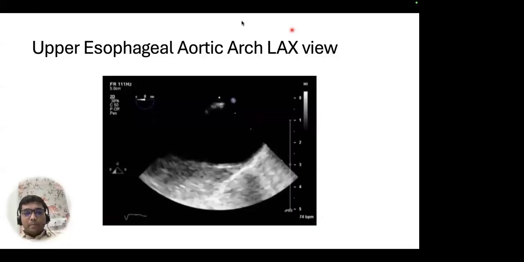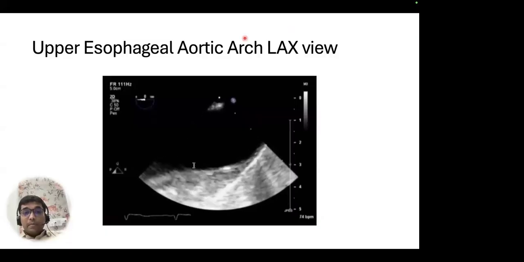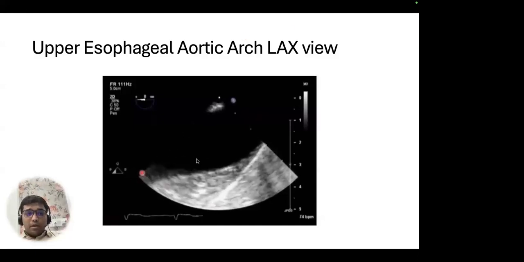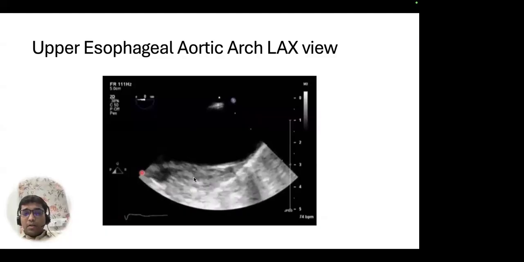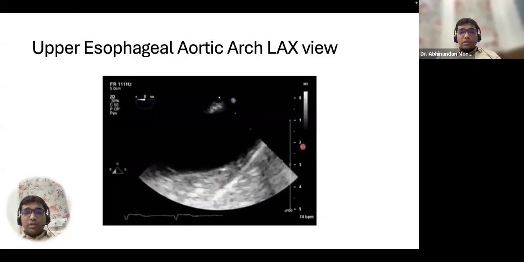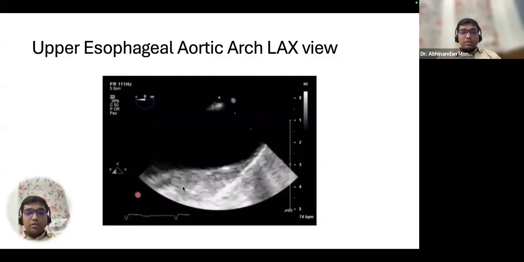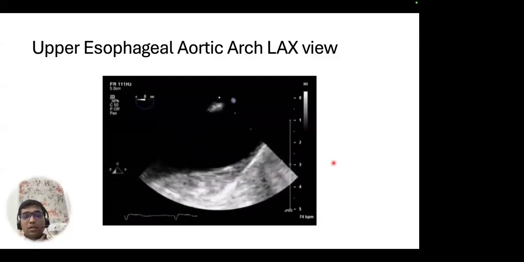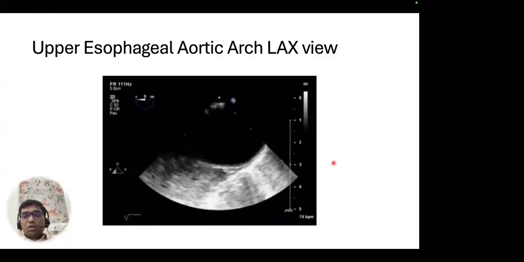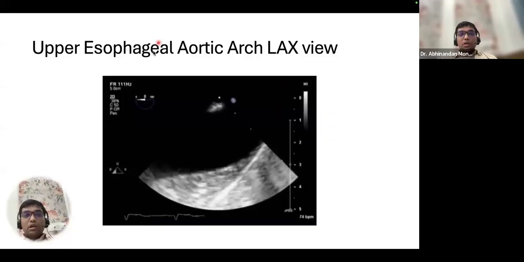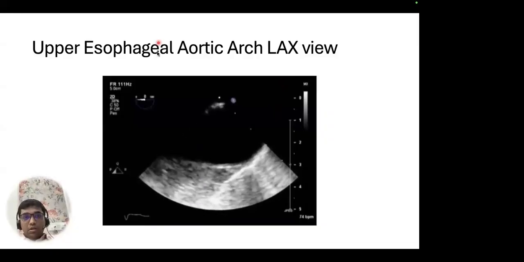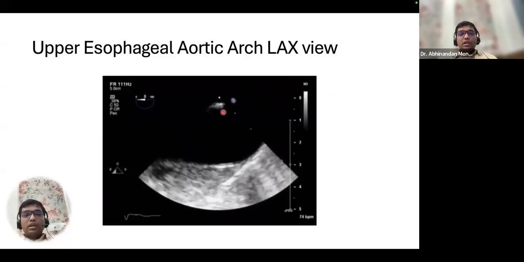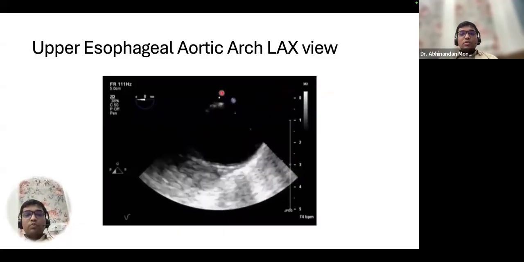One more question: in the aortic arch, which side is anterior and which side is posterior? Regarding the anterior wall of the arch, always remember, if you are seeing it at 0 degrees, that means you are seeing it from the back side.